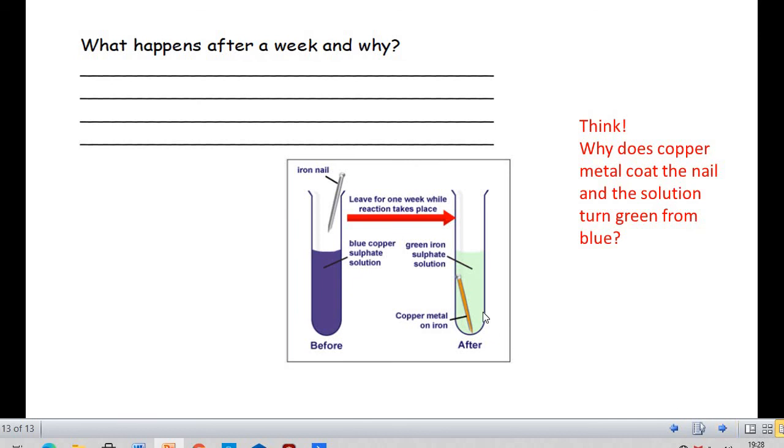And you can see that we start with blue copper sulfate and an iron nail, which is silvery grey, and after a week we end up with red, orange or brown coating the nail, and we get green iron sulfate solution there. So think what happens after a week and why. Why does copper metal coat the nail and the solution turn green from blue?